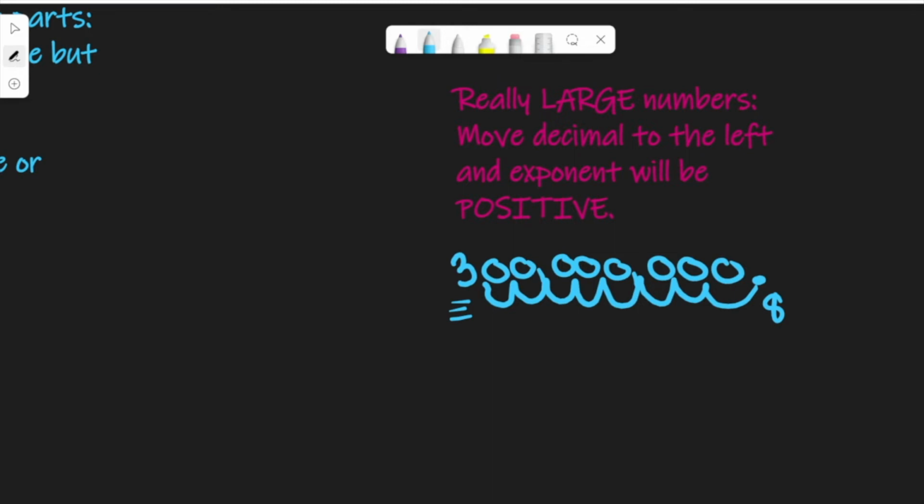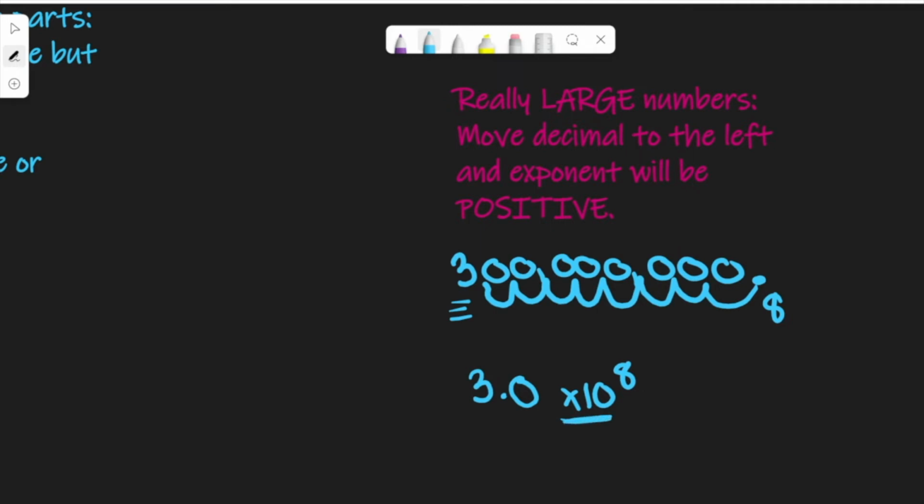My base number ends up being 3.0 times 10 to the 8th. Notice that my exponent is positive, and that's because my original number is larger than 1. If we think about moving our decimal place over, notice that each position that we move our decimal place is a factor of 10. That is where my times 10 comes from.